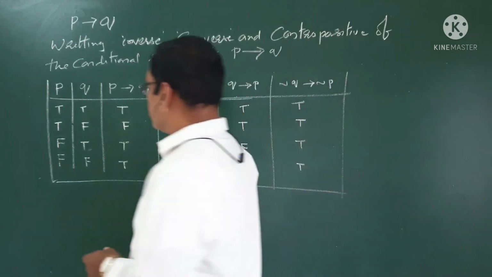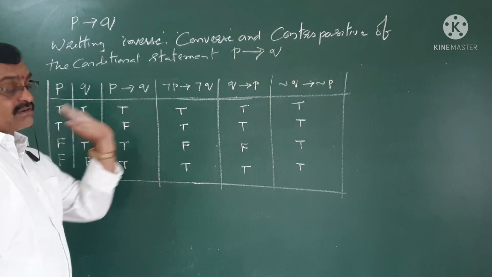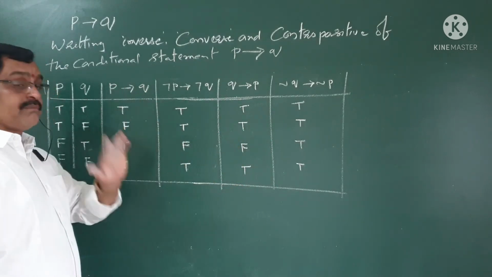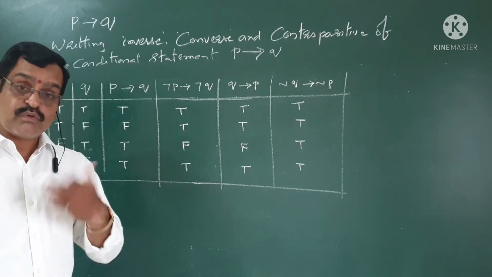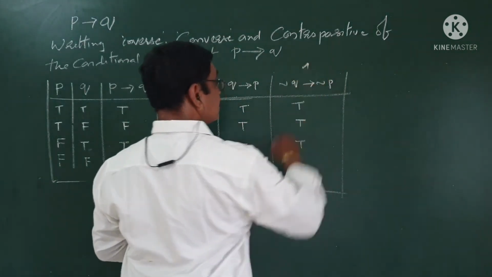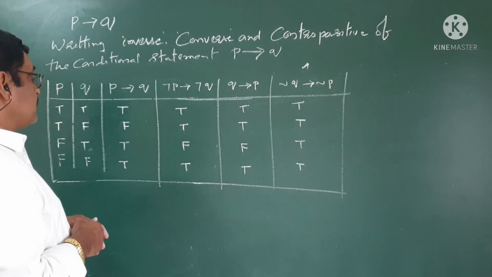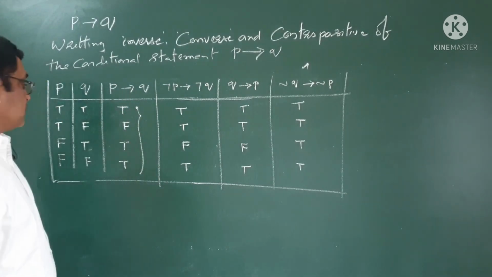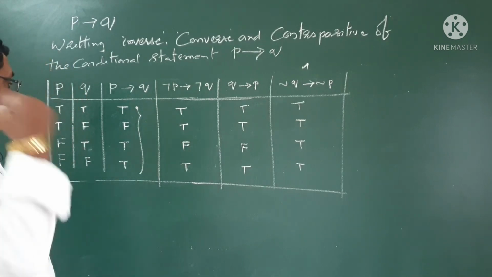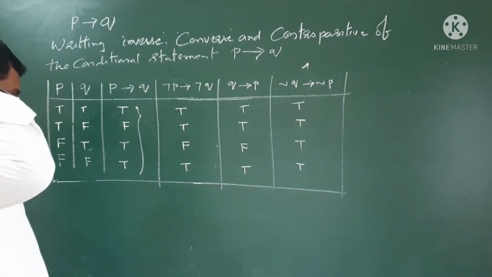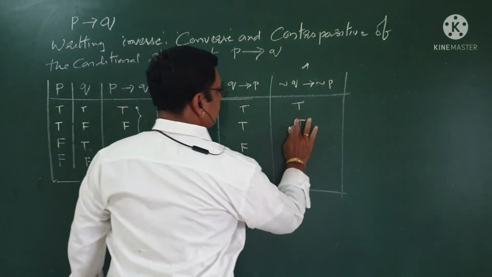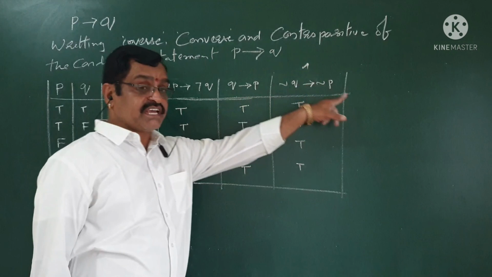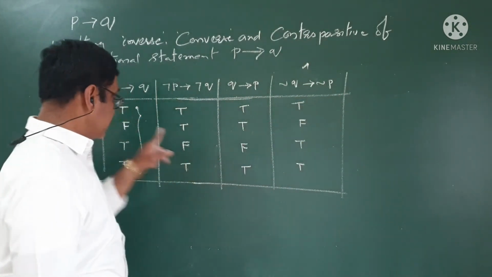Sometimes what happens, you cannot prove these statements directly. So we go for this contrapositive method. Why? Look carefully. This P implies Q and this negation of Q implies negation of P, these two are identical.